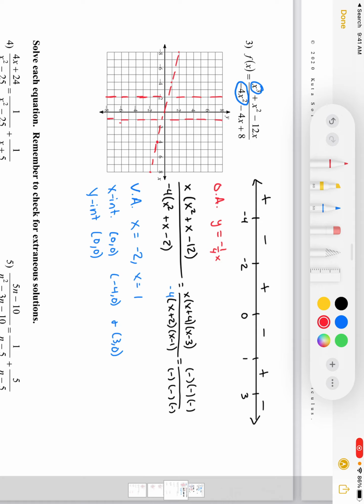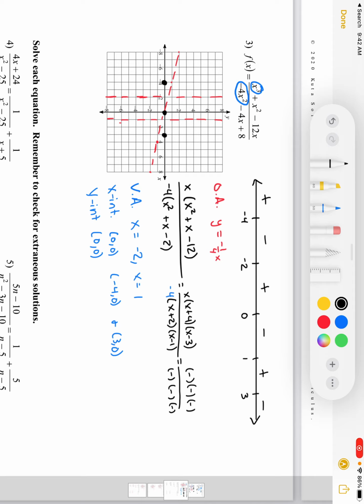And let's see what else we need to plot. The x-intercept of (0, 0) is right here. The x-intercept of (-4, 0) is right here. The x-intercept of (3, 0) is right here. We have a y-intercept. We don't have a horizontal asymptote.